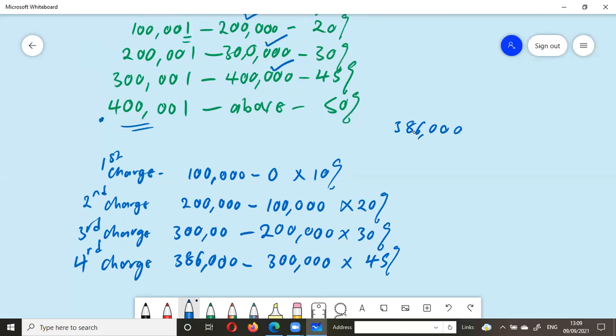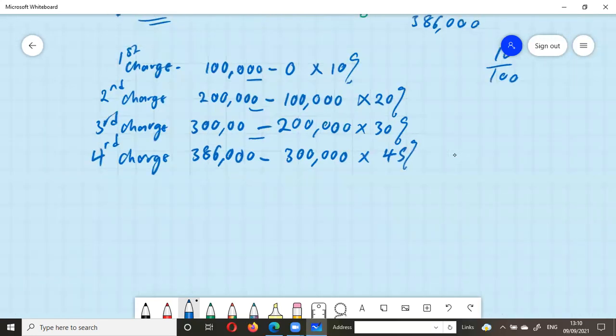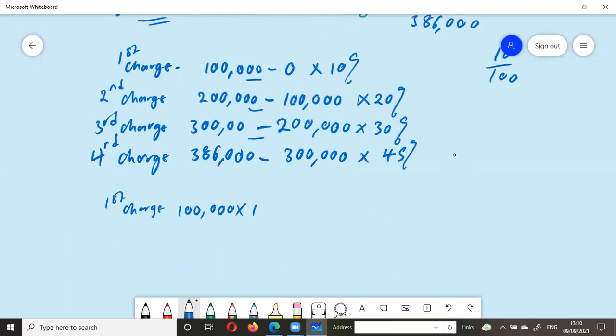Remember when I say 10%, it's 10 out of 100. The difference here is 100, 100, 100, then after we shall add them. So the first charge will be 100,000 times 10 out of 100.